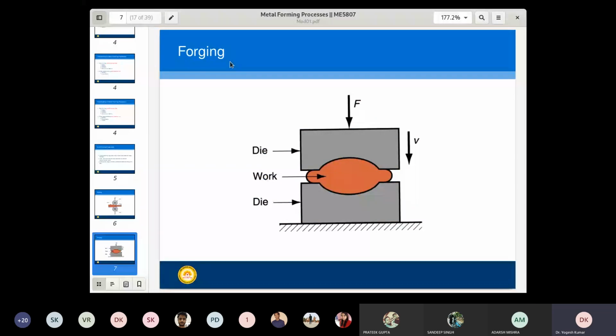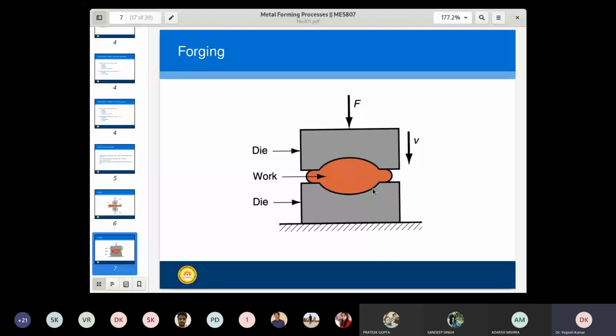Another type we have is forging. In forging, what we do, we have a tool, or sometimes it is also called a die. Here it is written die, but you may consider the upper part as the tool and the second, lower part as the die. So under forging, the forces are applied over the workpiece, and the workpiece is kept in between the die and tool.